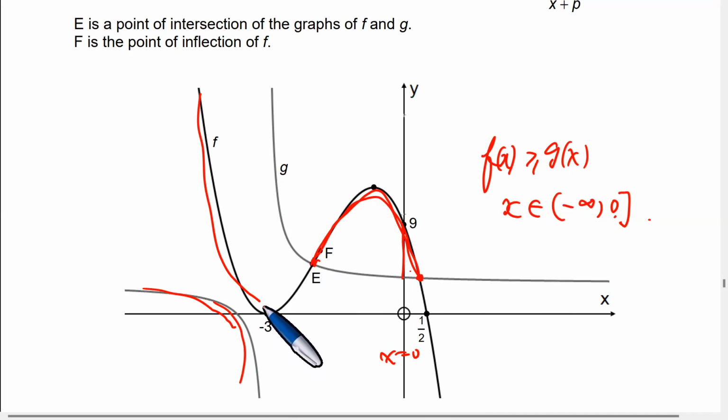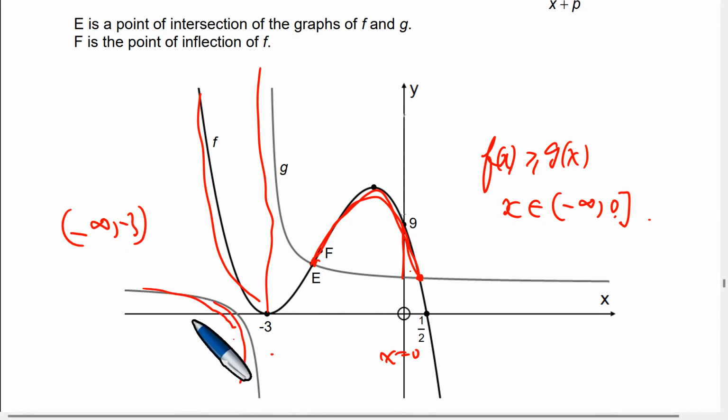Where is f above g? Okay, so here you have up to this point the function f is above g. So that would mean that from minus infinity to minus 3, f is above g.